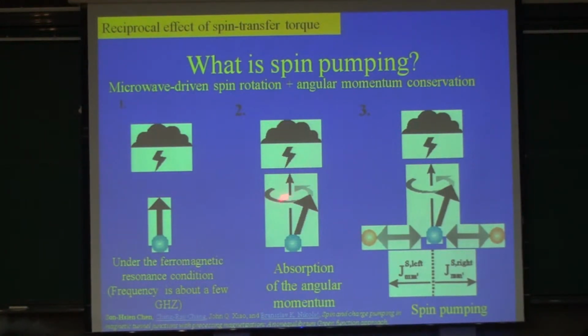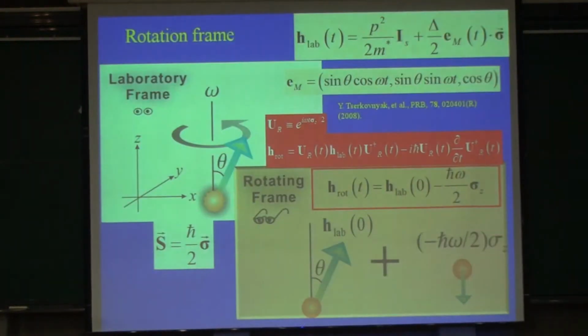And because you keep going, you eject the angular momentum from the microwave, so the only way for the system to maintain the ferromagnetic resonance is to send out the spin current. So they pass out the angular momentum through the spin current. This is somehow the first way this idea was proposed.